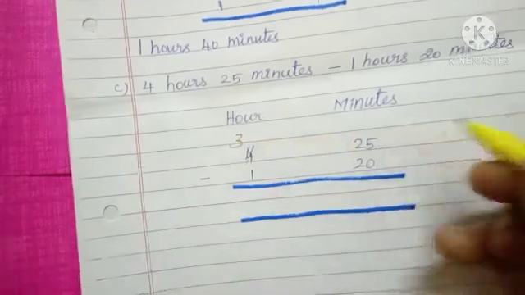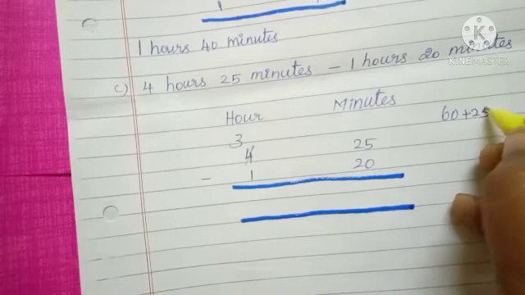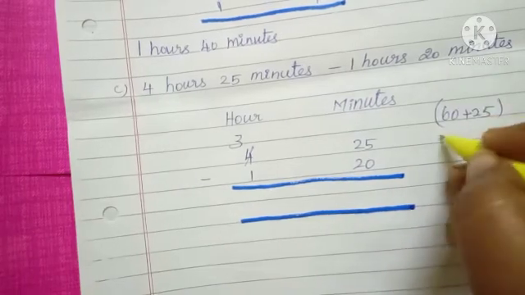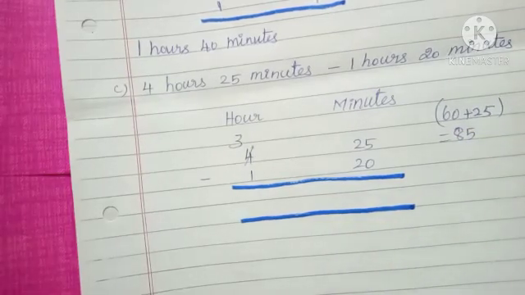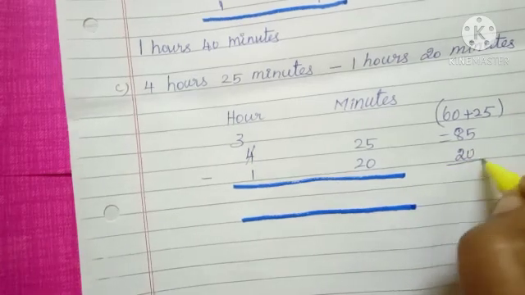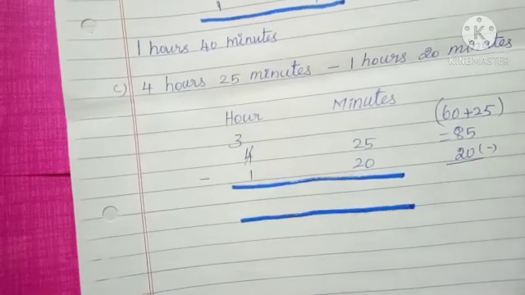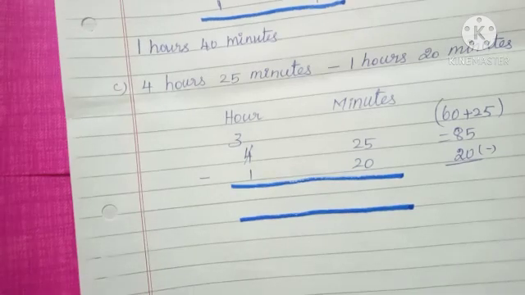So 1 hour is changed now to 60 minutes. 60 plus 25 you added now and get 85 minutes. So 85 subtract 20 minutes. You ready to do and find out the answer, children. Okay, this one, work out and send the answer. Thank you, children.